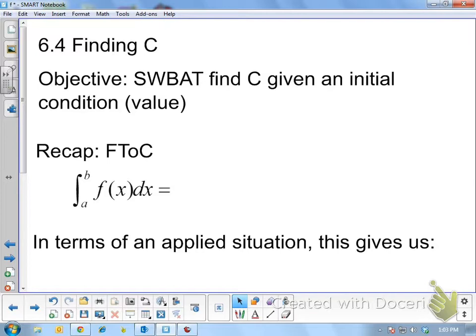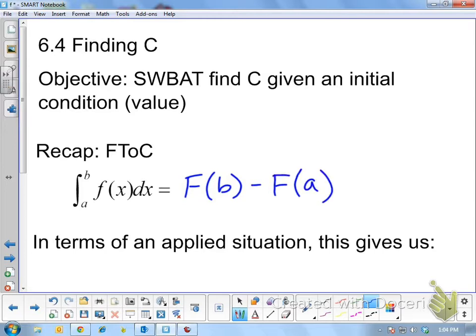F of b minus F of a, but there was something special about F. Capital F means the antiderivative evaluated at b, minus the antiderivative evaluated at a. So you found the antiderivative, and then you plug in the top bound minus the bottom bound. When we were finding the antiderivative functions, it took the area minus the smaller area to give us the area between two points.